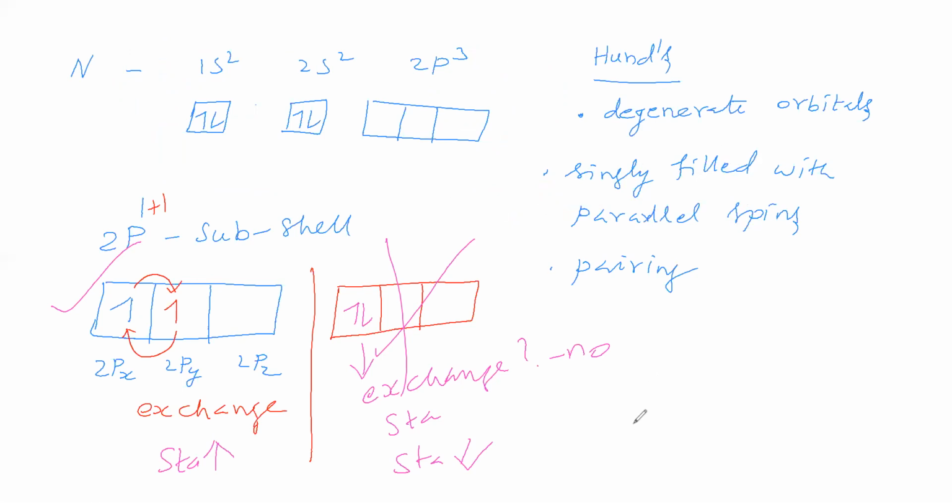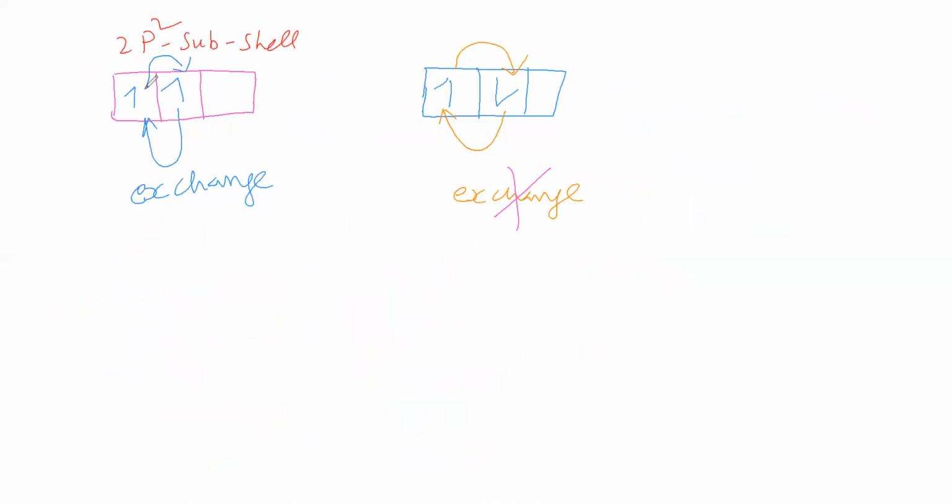Now we will see this singly filled case. Now we will see spin multiplicity. We will calculate what spin multiplicity means. The spin multiplicity formula is 2S plus 1. Now let us substitute: here the spins are plus half and plus half, totally 1.